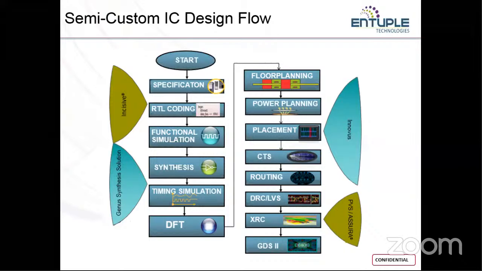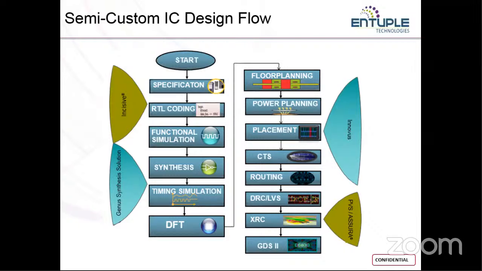For these aspects, HDL design, and then compilation, elaboration, and simulation, you have the tool called Incisive, provided by Cadence. Once you are satisfied with your simulation results, you can move into the synthesis part. So what is synthesis?